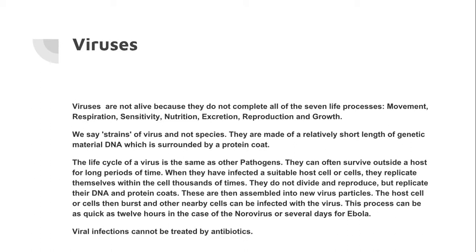When they have infected a suitable host cell or cells, they replicate themselves within the cell thousands of times. They do not divide and reproduce, but replicate their DNA and protein codes. These are then assembled into new virus particles. The host cell or cells then burst, and other nearby cells can be infected with the virus.